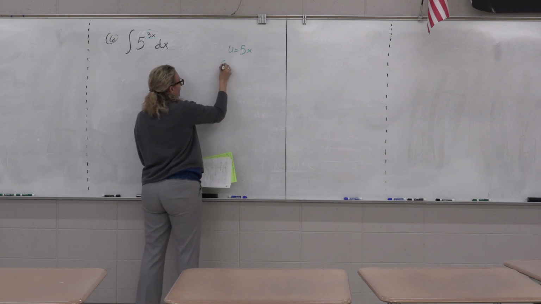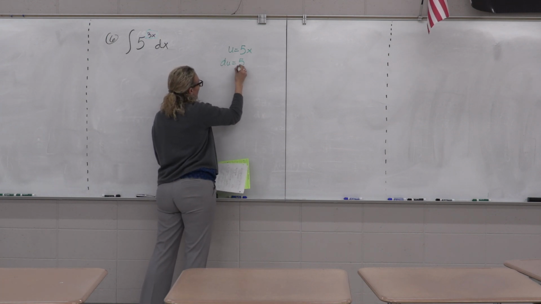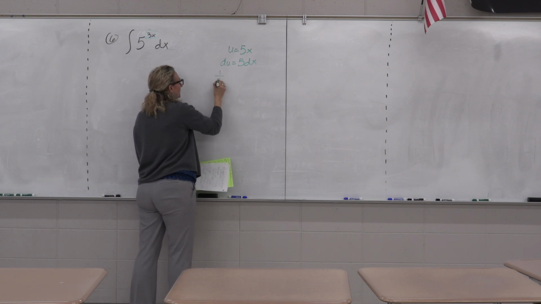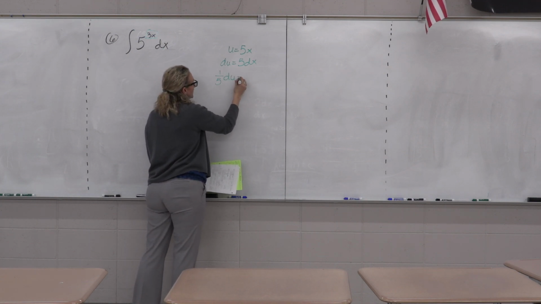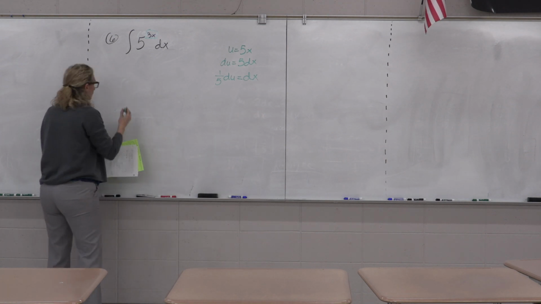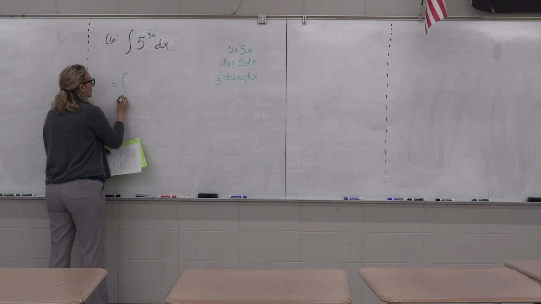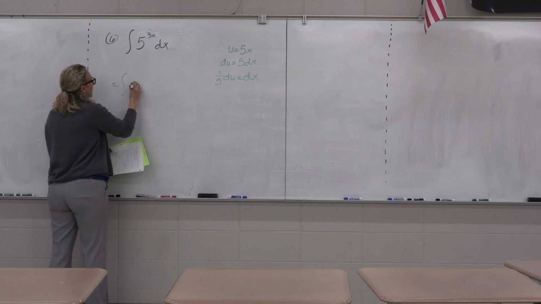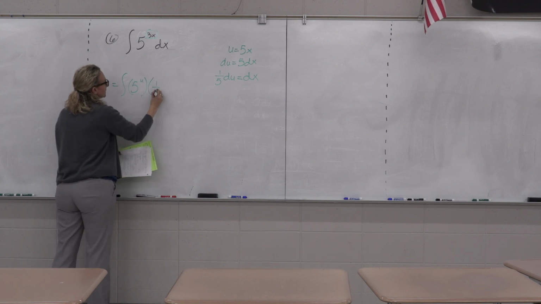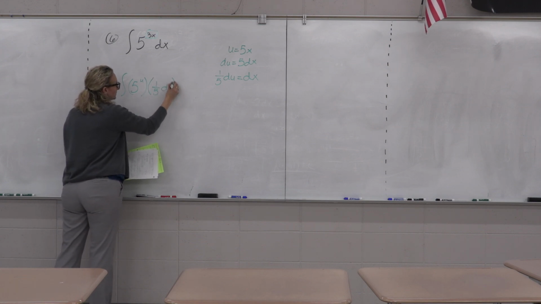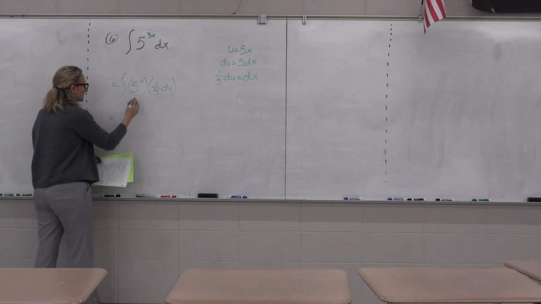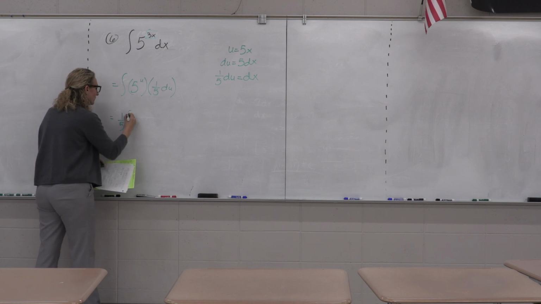So the derivative, du equals 3 dx. Bring the 1/3 over, 1/3 du equals dx. Okay, all right, so let's do change in variable. Equals the integral of 5 to the u times dx is 1/3 du. Okay, so again, this 1/3 can stay in there, or it can go out front here.